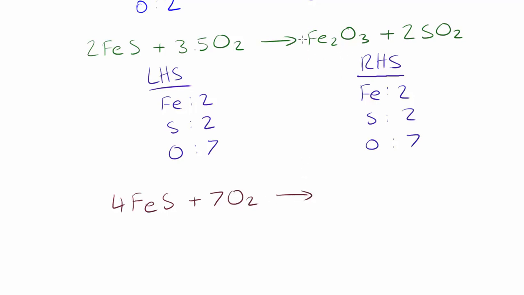And here, as I said, we don't have a coefficient visible, but it's reasonably assumed to be 1, of course. So we're going to put 2 Fe₂O₃, and then here we have a coefficient of 2, so instead it's going to be 4 SO2, okay?